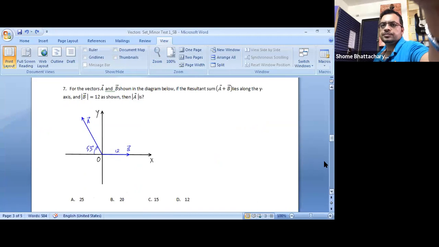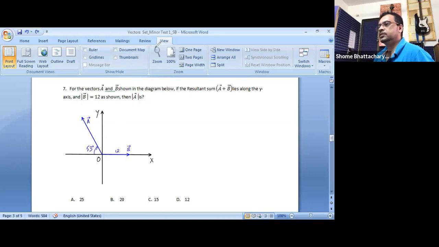Okay, next this question. Anybody has a doubt in this? Yeah, so Arvind, इसमें क्या कर सकते हैं? See, one is we can use the component method.